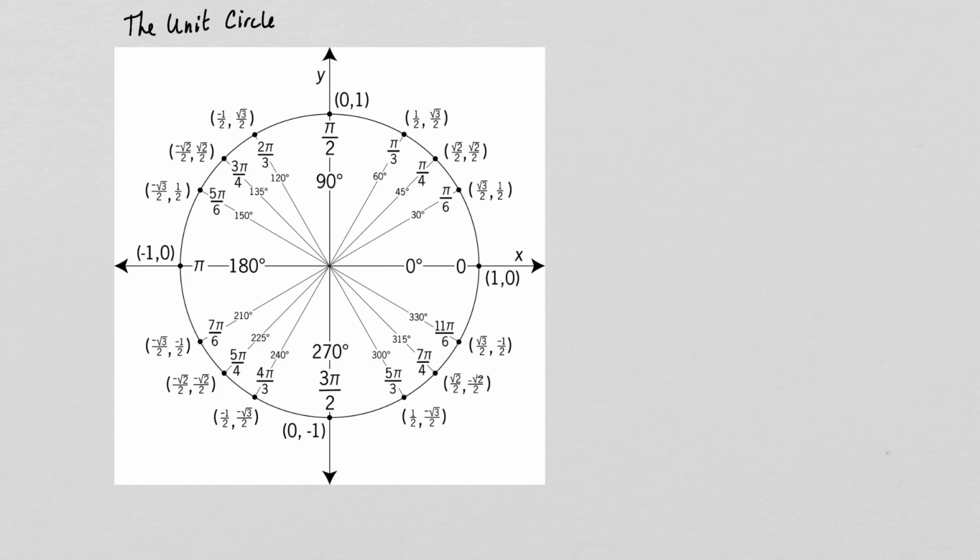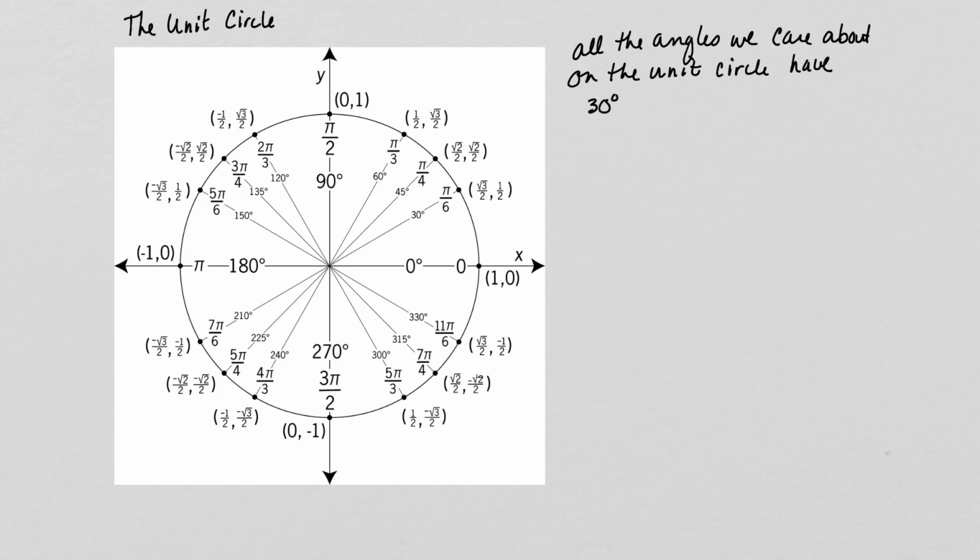Okay. So, all the angles we care about on the unit circle have 30 degrees, 45 degrees, 60 degrees, or 90 degrees as reference angles.